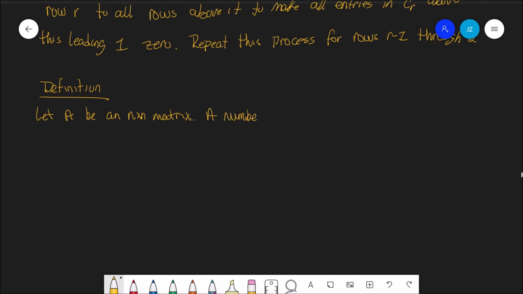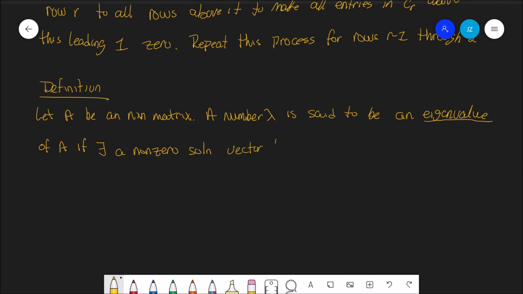A number lambda is said to be an eigenvalue of A if there exists a non-zero solution vector K of the linear system A times K is equal to lambda times K.